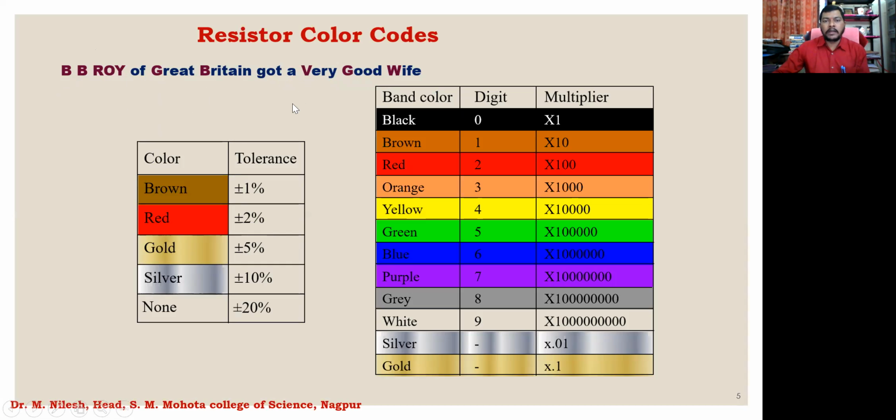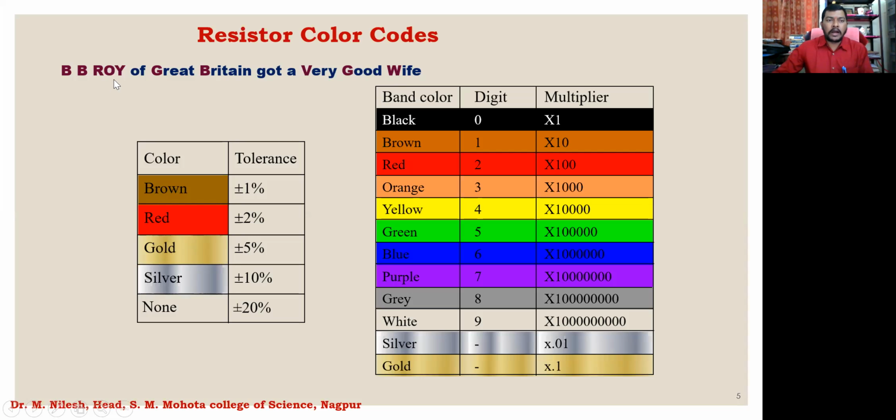These are all 10 letters that we are going to use, and according to that we can have the color codes. The first B is for black, which is written for 0. The second B is for brown, which is given the digit 1.